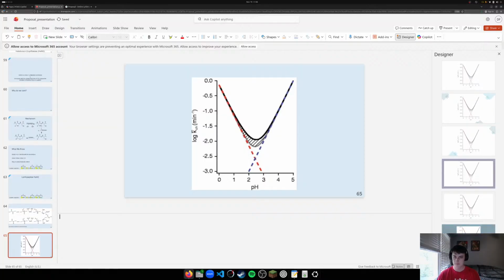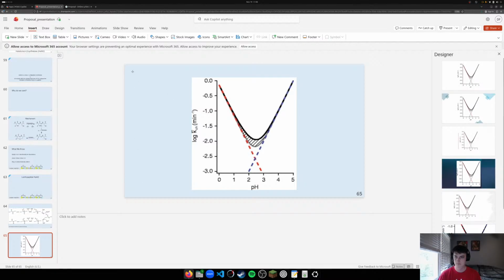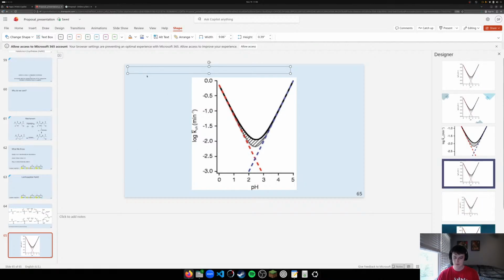So, rate of acid and base catalysis of exchange as it depends on pH.